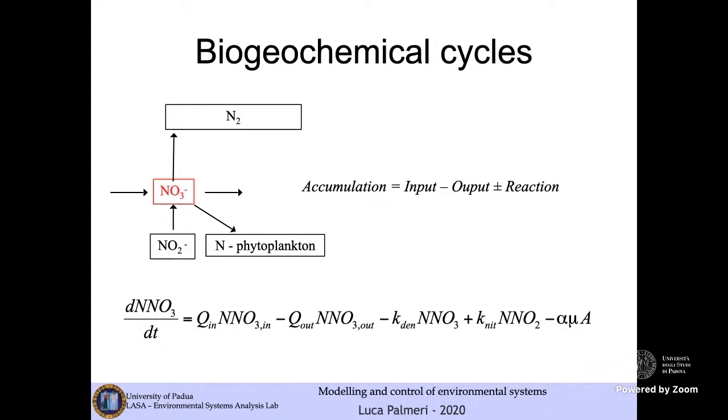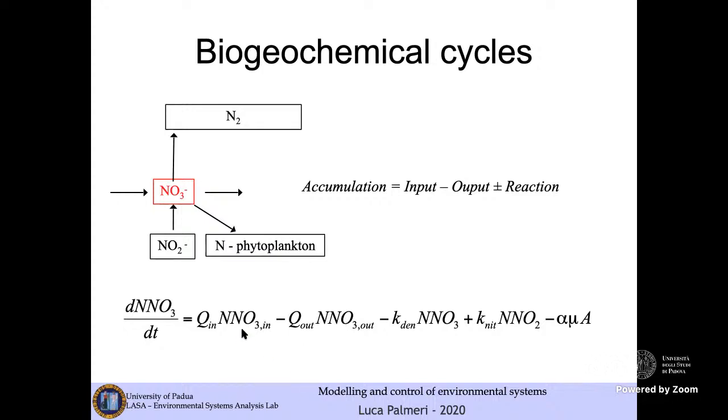We may simply write a differential equation in which we say that the variation in time of nitrogen in the form of nitrate, so here we are modeling the state variable nitrate, is equal to what goes in, Q, in terms of nitrogen in the form of nitrate, minus what goes out, so the flow out in terms of nitrogen in nitrate going out.